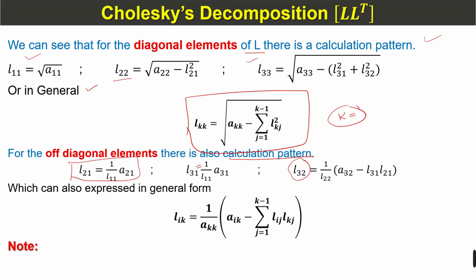This can be expressed in general form like that. This is the generalized form for the off diagonal elements of the matrix L.